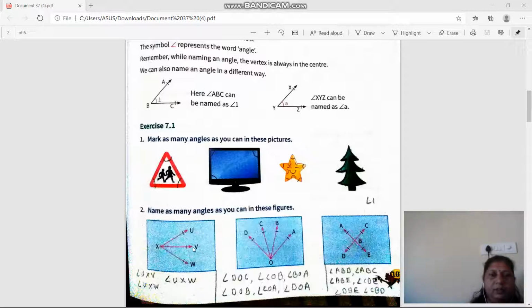Next, U, X, W. Next, V, X, W. This angle and this angle also, and this entire one. So how many angles are here? 3. U, X, V, V, X, W and U, X, W. Get it?